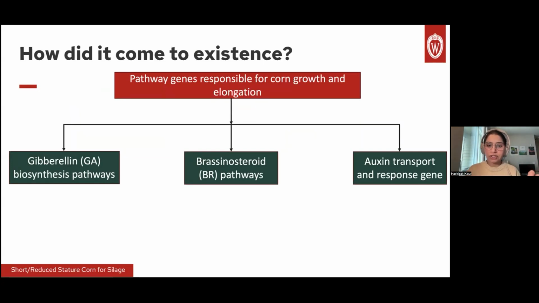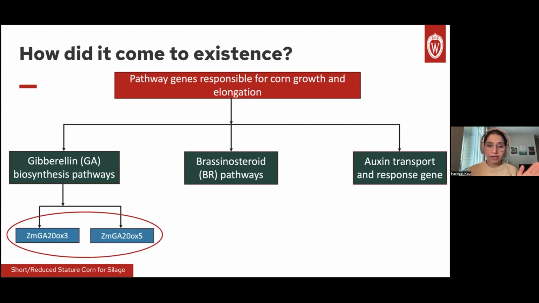Now the breeders were looking for something where altering expression can shorten the plant but not affect overall yield and reproductive health. Two gene families were identified that were very similar to the dwarfing genes seen in rice.